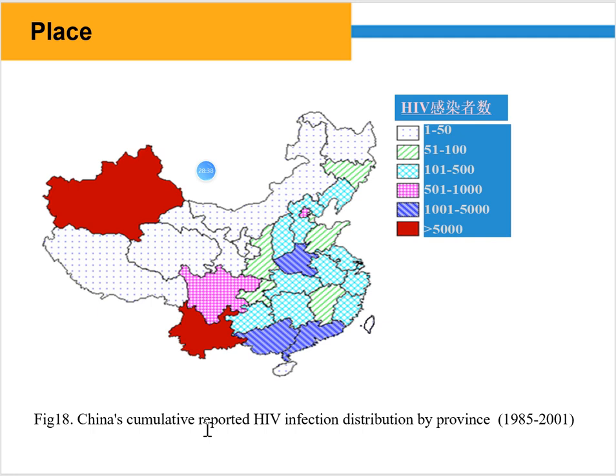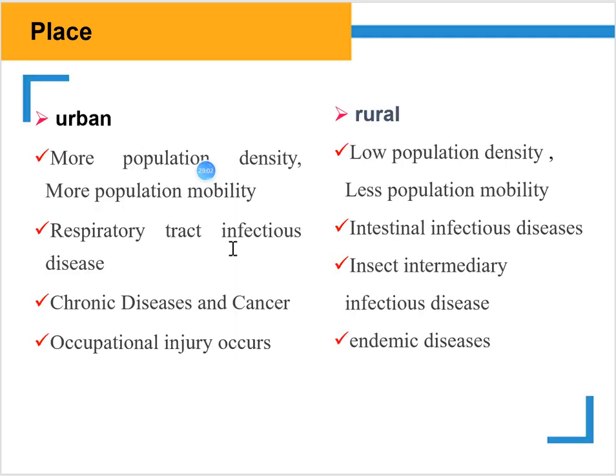Figure 18 is China's cumulative reported HIV infection distribution by provinces during 1985 to 2001, most in Yunnan and Xinjiang, middle in Liaoning. There is a difference between urban and rural.